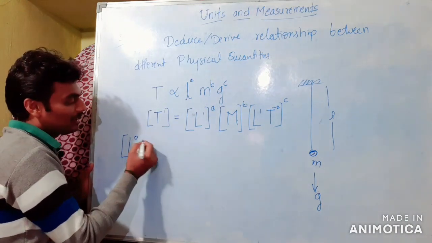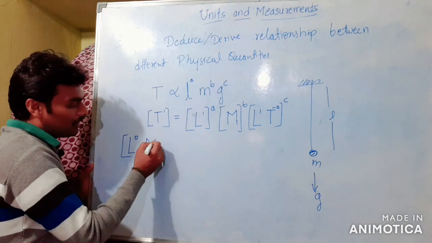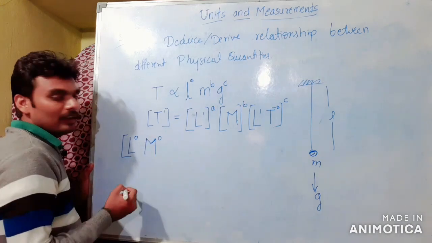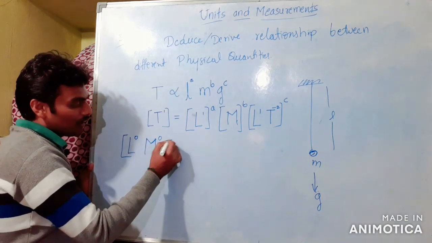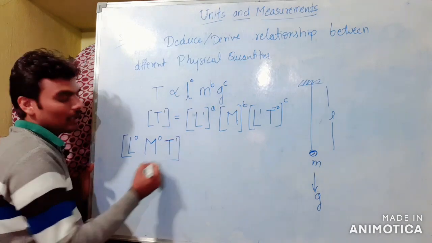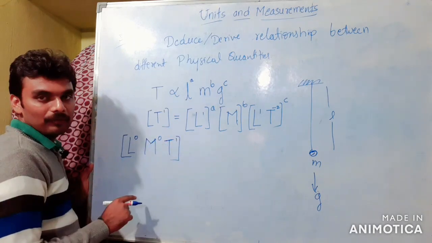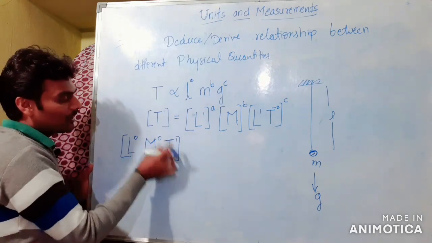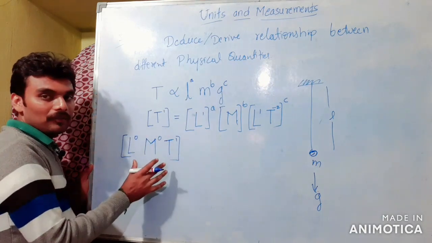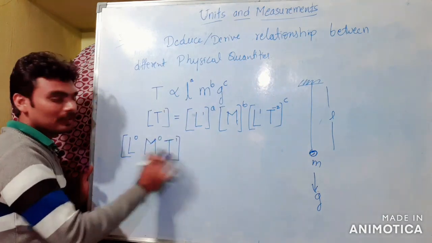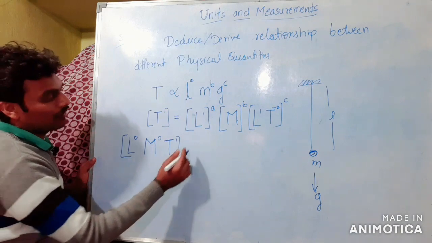I can vanish it afterwards, and M raised to 0, M0, and along with that I can also put that as T1. Okay, L0, M0, T1. So this is how I can write simply T1 as. This is also the right way. This is the short way, this is the complete way of writing it.